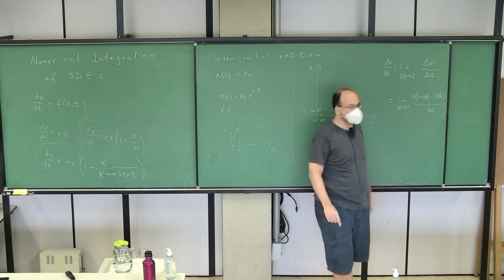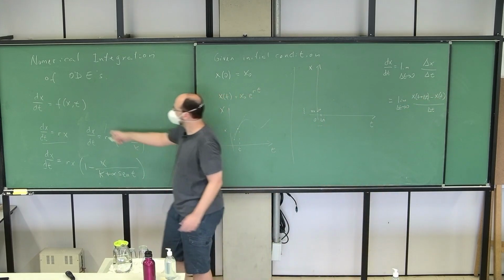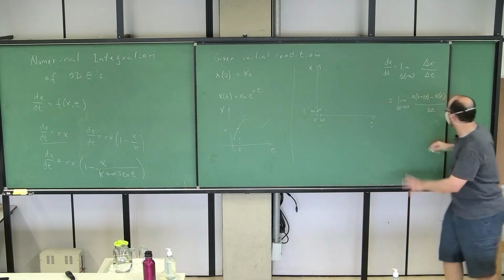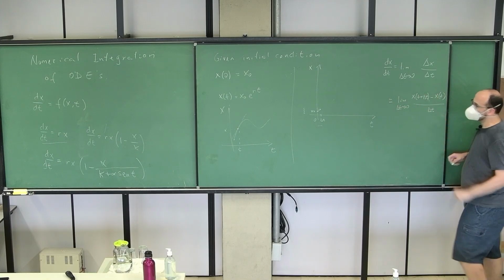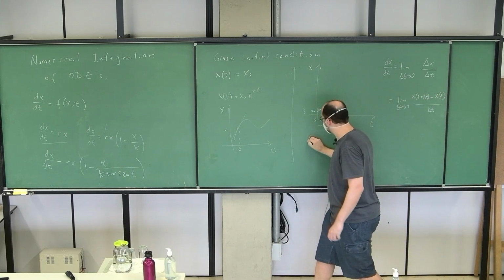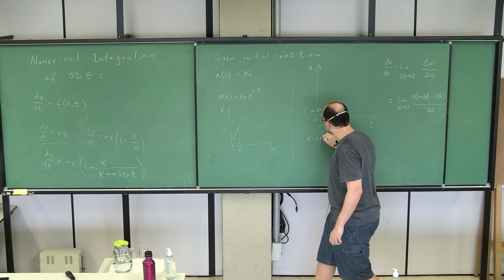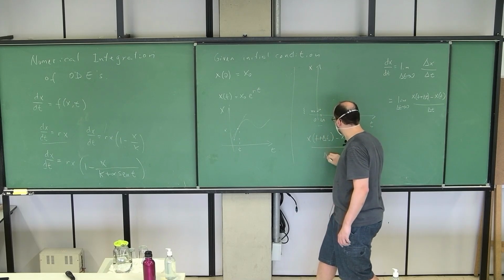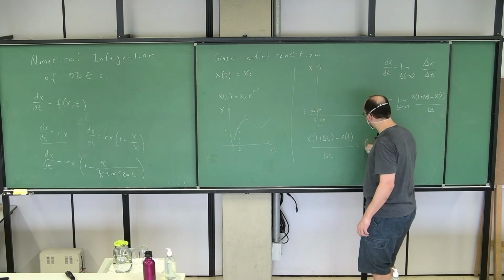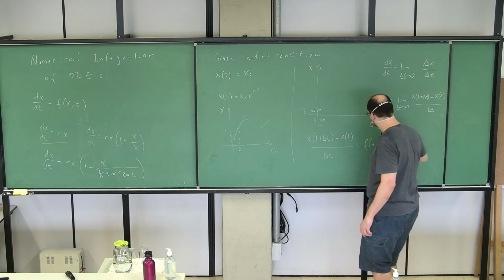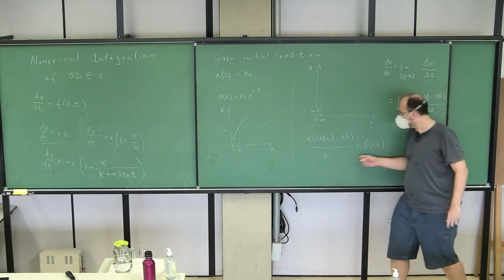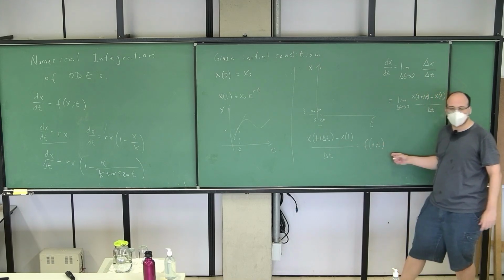So instead of writing it like this, I will write x of t plus delta t minus x of t, divided by delta t, equal to my function f of x, t. And what I can do now is multiply this by delta t and put the x of t to the other side.